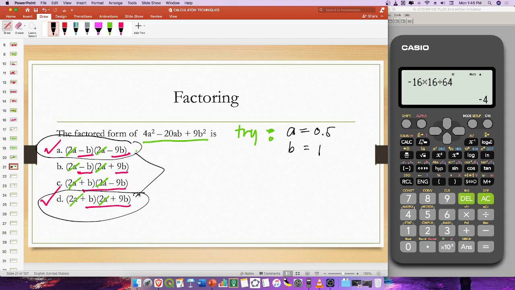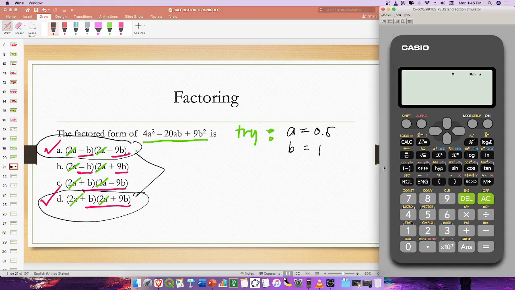choices A and D. Now, if we use the calculator, you can say alpha A, squared, minus 20 alpha A alpha B, and then plus 9 B squared.